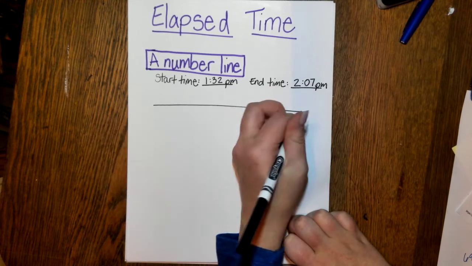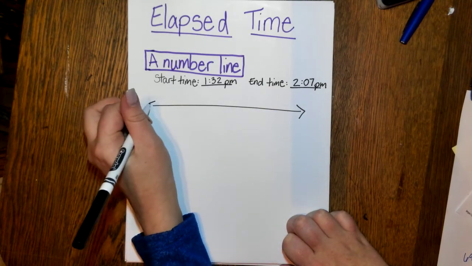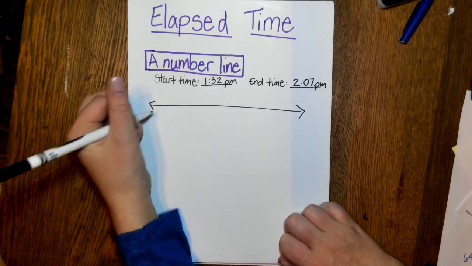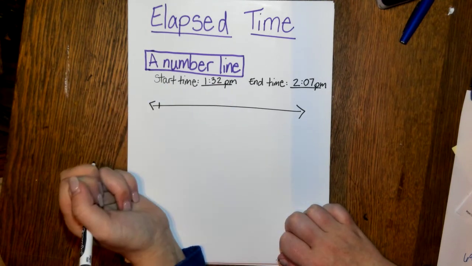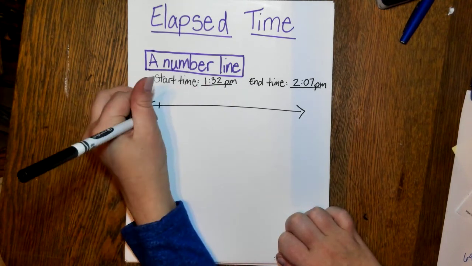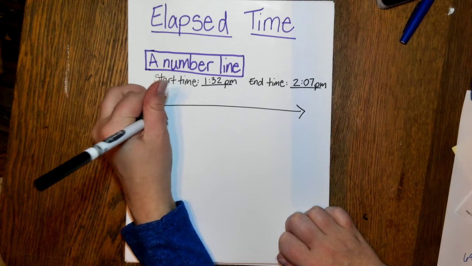So I'll begin by drawing my number line. And I'm going to mark my start time first. So my start time was 1:32.